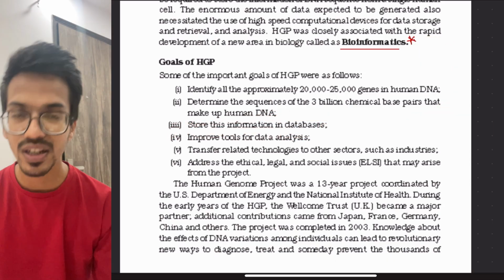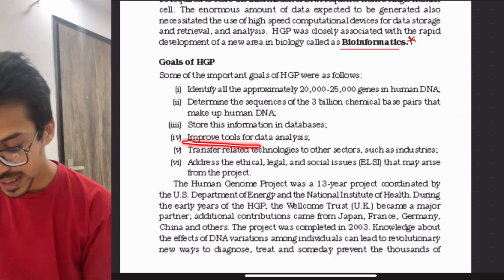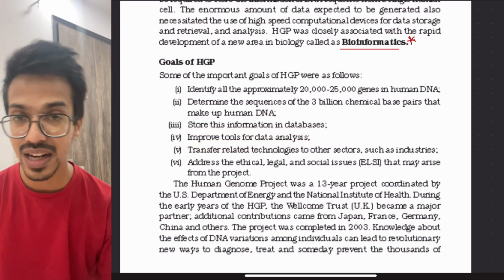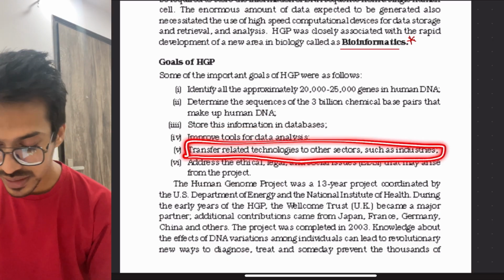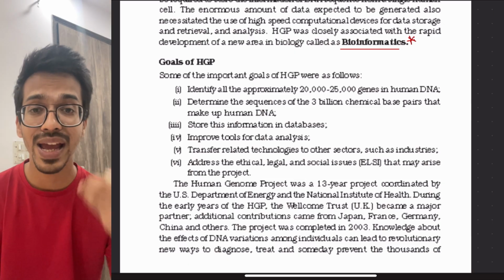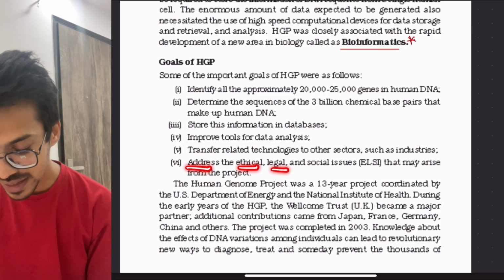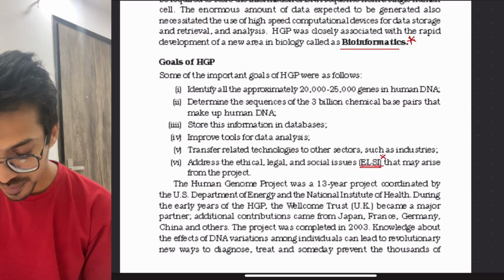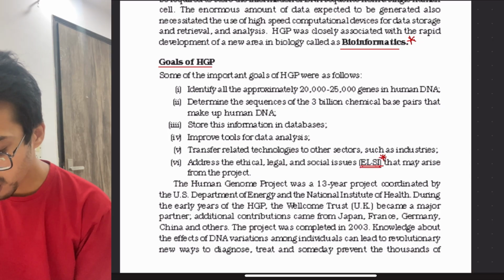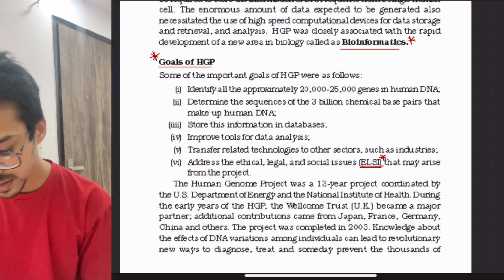For that we even developed bioinformatics. Then to improve the tools for data analysis, transfer the related technology to other sectors like industries where it could be helpful, and address the ethical, legal and social issues, which is ELSI. So the goals of HGP are these.